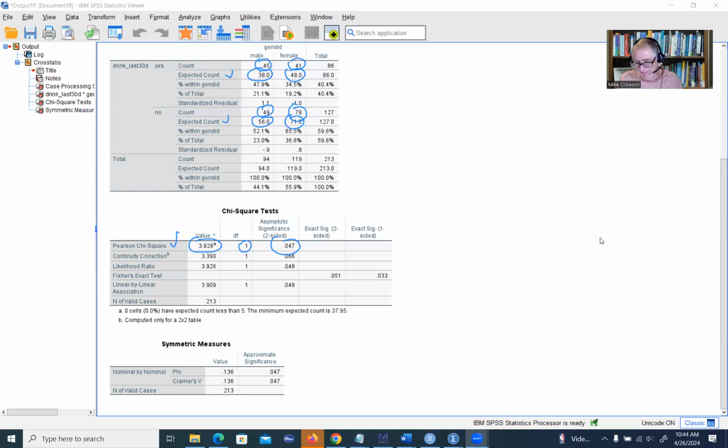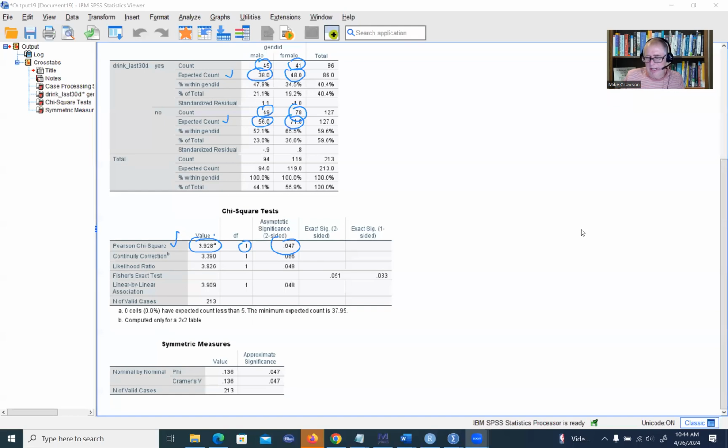Basically, the greater the difference between observed and expected frequencies, the more it reflects a possible relationship between the variables. And if there's very little difference between the observed and expected counts, that would signal a lack of relationship between the two variables.